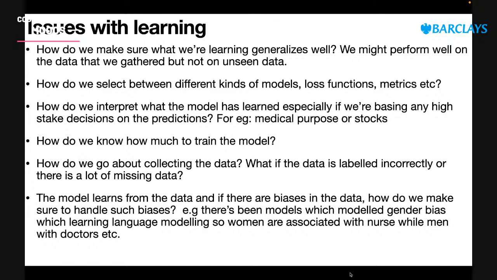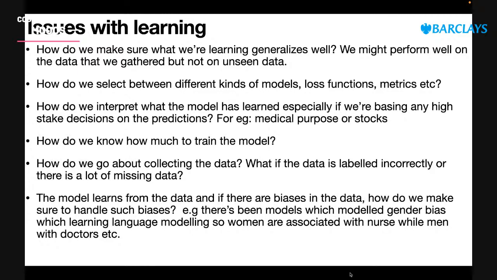For example, my model shouldn't learn that a nurse means a woman, and a doctor means male, when it can be anyone. So how should I understand that my model is not biased? These are the different issues which I came up with while learning it.